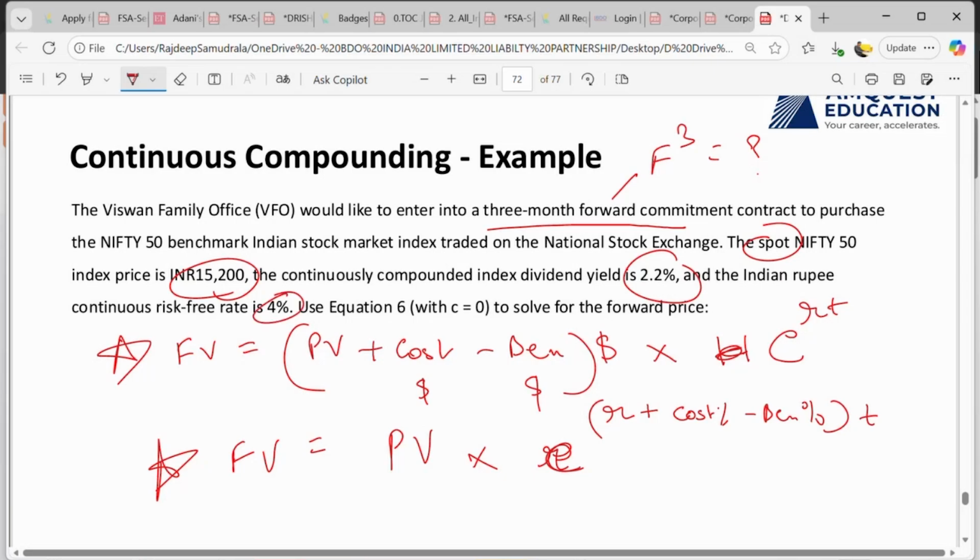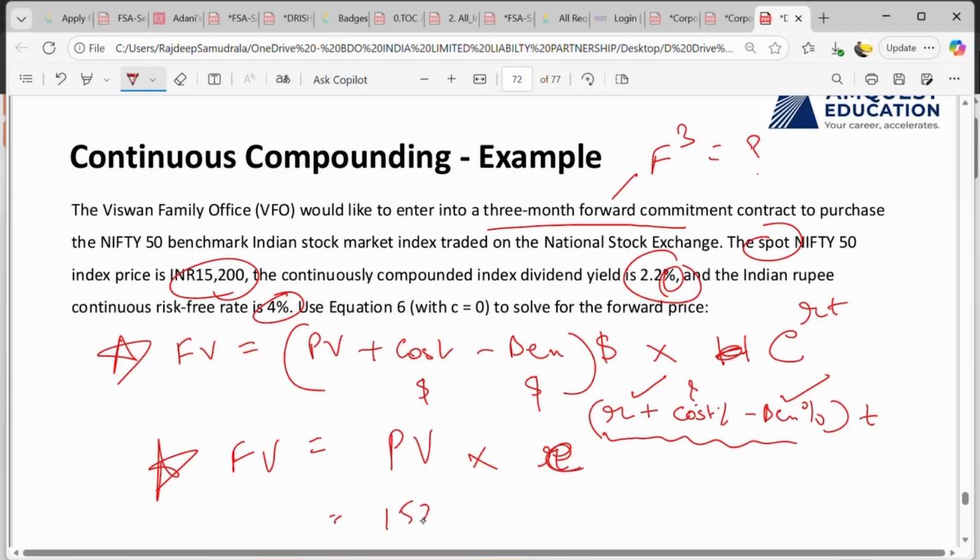And they're giving you the risk-free rate. So you know that if I give you dividend amount, I would have done spot minus amount. But here it's the dividend rate. So I have to do this formula, where the benefit is deducted from the rate. Is any cost involved? No, in this sum. So what will be the answer?